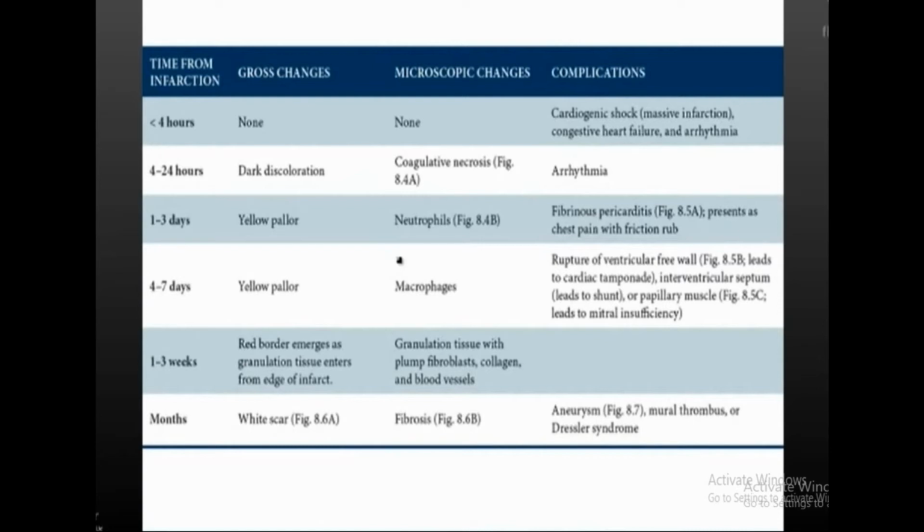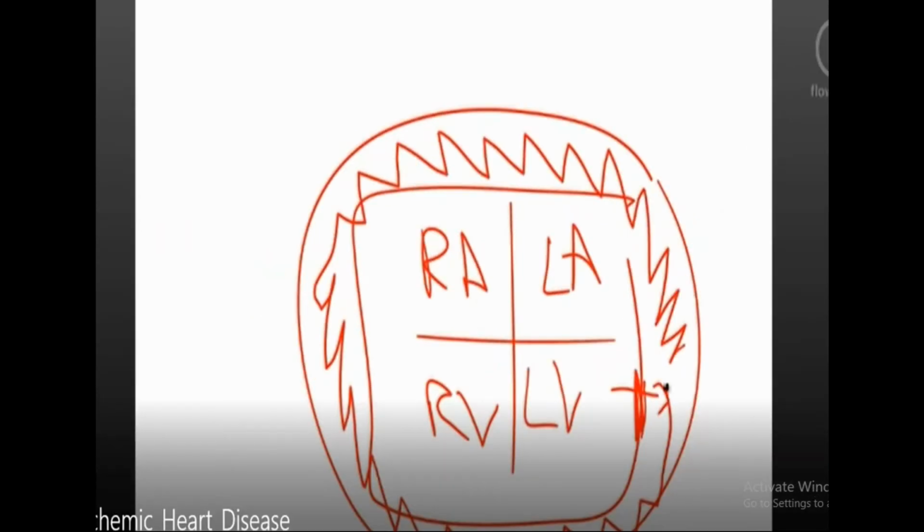Okay, let's see some idea here. Here is our heart: the right atrium, the right ventricle, the left atrium, the left ventricle. Here is the free wall of the left ventricle. Around the heart we have the pericardium.